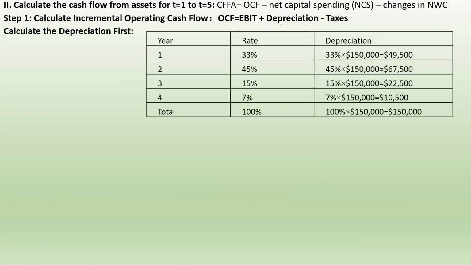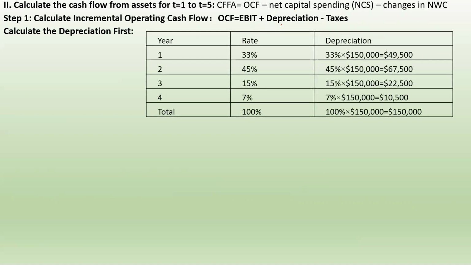So calculate the cash flow from assets from t equal to 1 to t equal to 5. Remember, cash flow from assets equals operating cash flow minus net capital spending minus changes in net working capital. So we need to find operating cash flow first, which equals EBIT, add back depreciation, minus taxes.